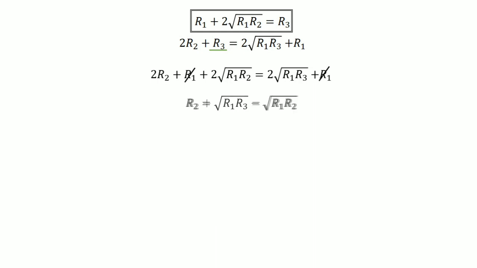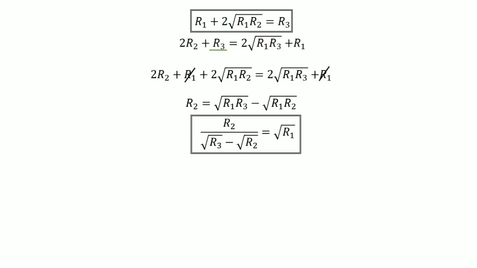Now we take under root r1 as common, so we have r2 by under root r3 minus under root r2 is equal to under root r1, and we use this value by substituting the r1 in our equation first. So this is our first equation, and this is the value of r1 that we found.